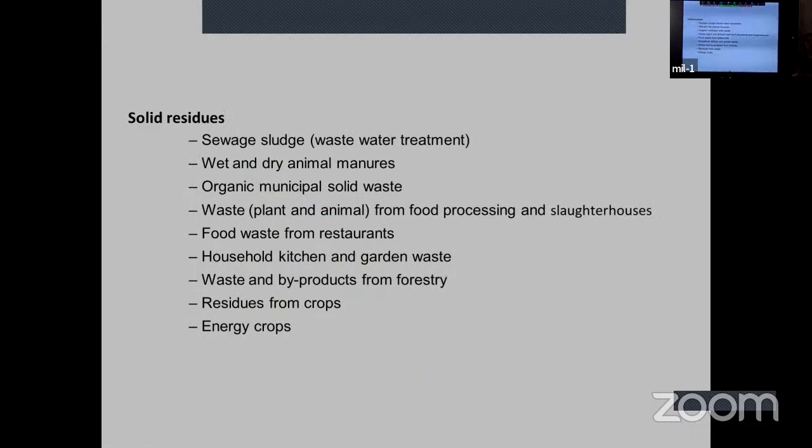Among the solid residues, you can treat the sewage sludge from wastewater treatment, the wet and dry animal manure or dung, the organic fraction of municipal solid waste, the waste from plant and animals from food processing and slaughterhouses, food waste from restaurants, as well as kitchen and garden waste, waste and byproducts from forestry, and also some residues from crops.